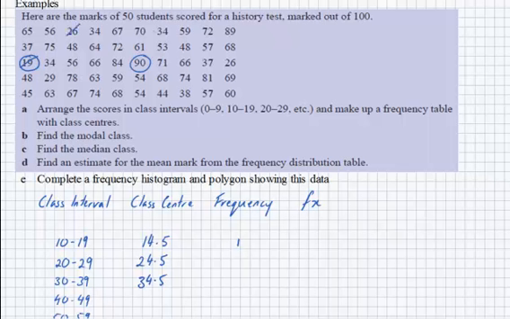So we've got 1 there, 2, 3, so 3 numbers for 20 to 29. Do the same for 30 to 39 and continue on. So I'm just going to pause the video there and finish that off.